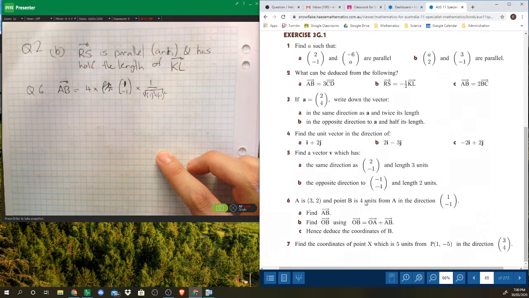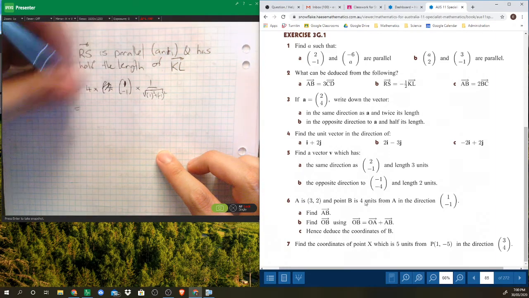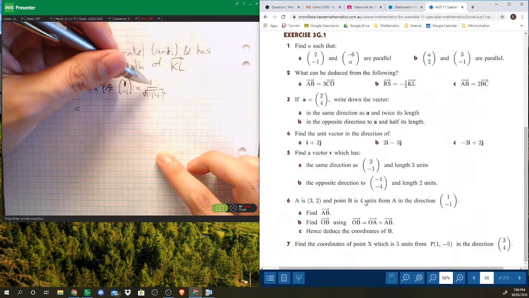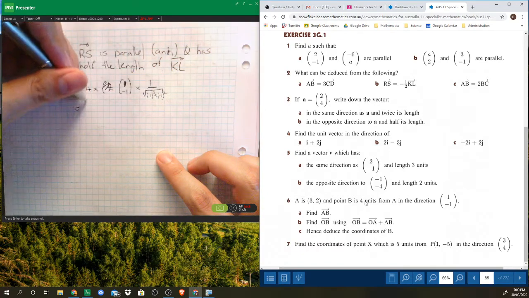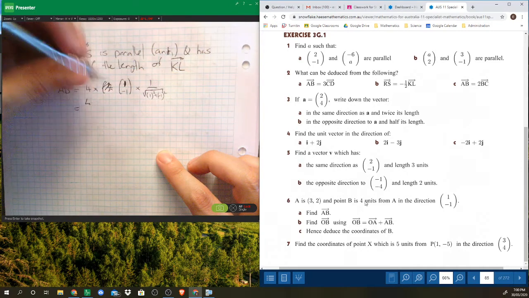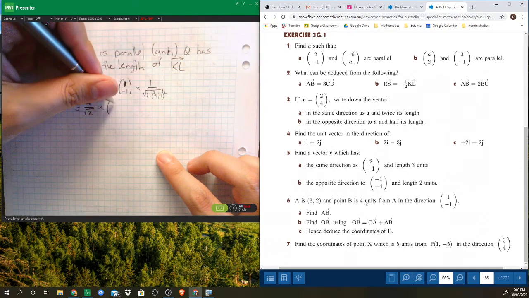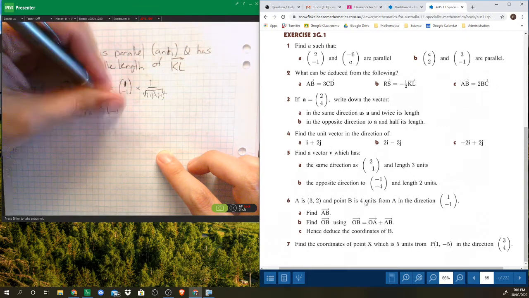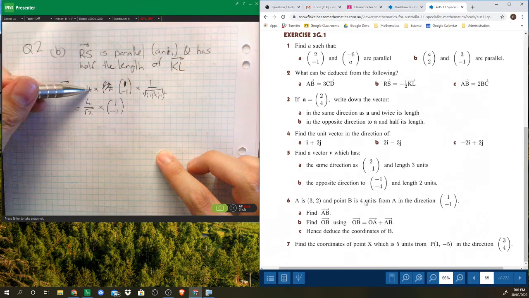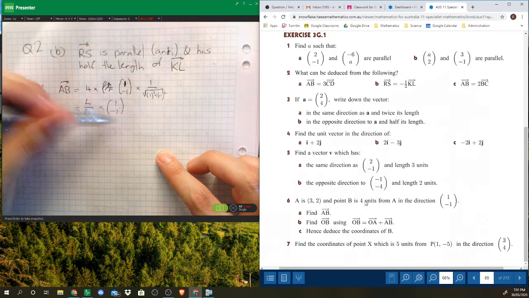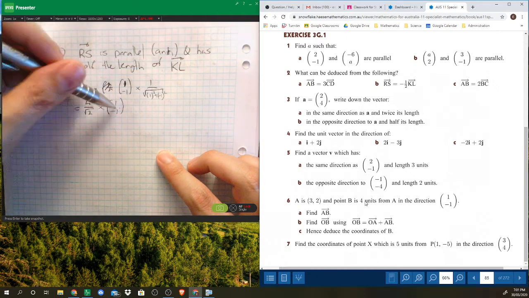I can do this separately if you like, but I'm just doing it in one hit. So that is 1 over root 2. So it's 4 on root 2 times (1, -1). This division by root 2 turns this into a unit vector. So then it's 4 units.